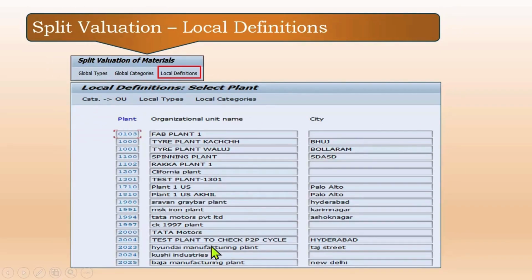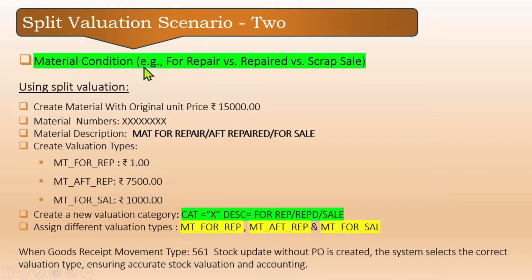Here you will search for your plant, and then assign that plant and activate it. So you will search the plant and make the plant active. Move on to the next slide.